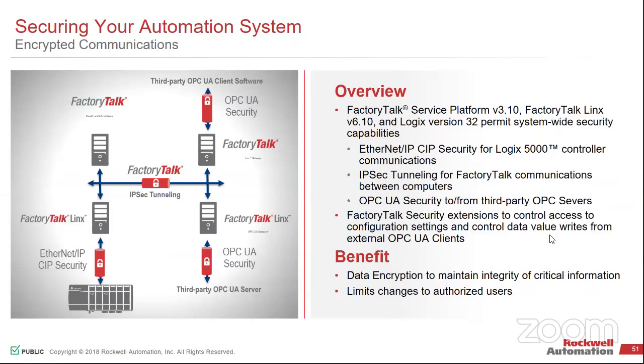As I'm going from FactoryTalk up to the third-party OPC UA, or going on to a different one, that'll be OPC UA security. And so I'll have to secure every branch for every different type of communication that we're doing in order to make sure that our data is high integrity, high availability, and is not compromised.